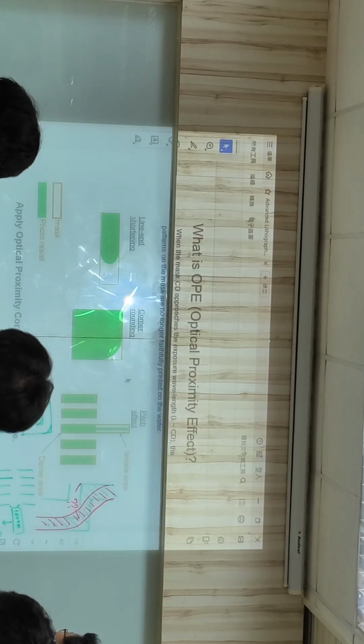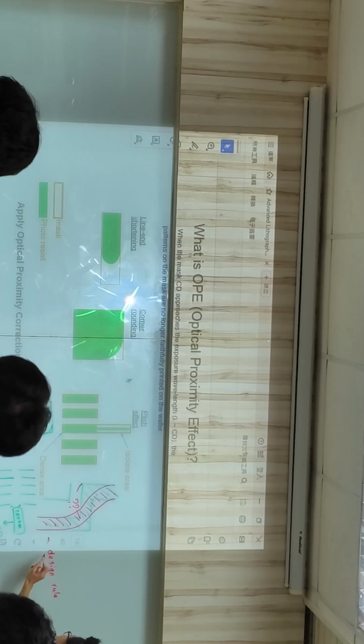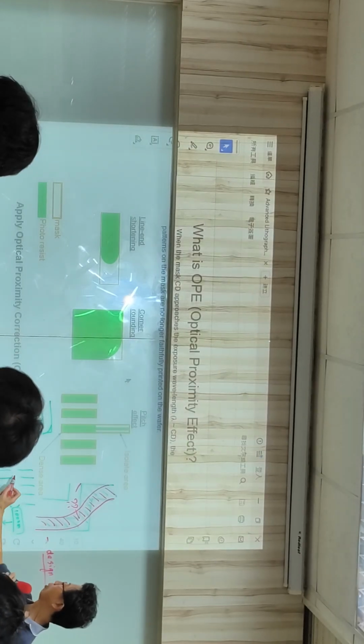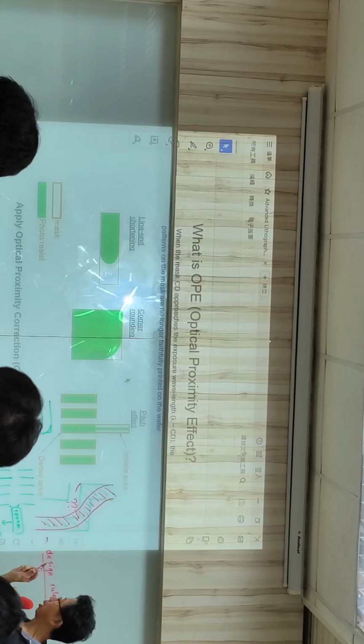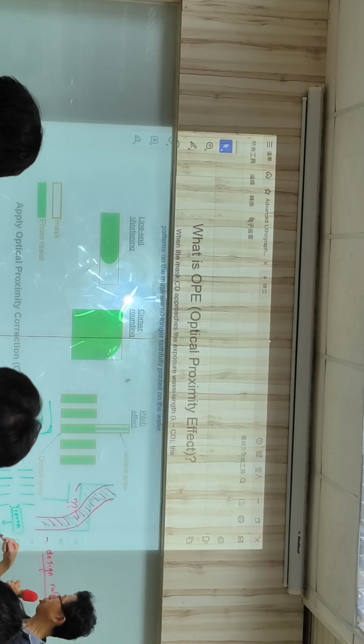So this will become design rule. For example, this one, how much it has to be, or they will need to do something to change.